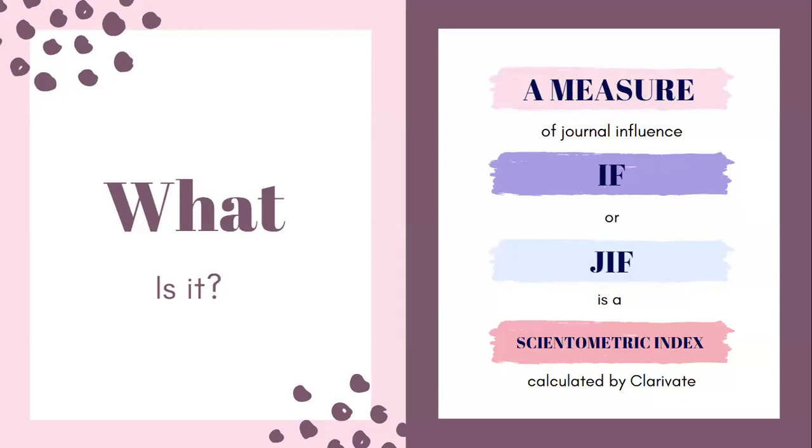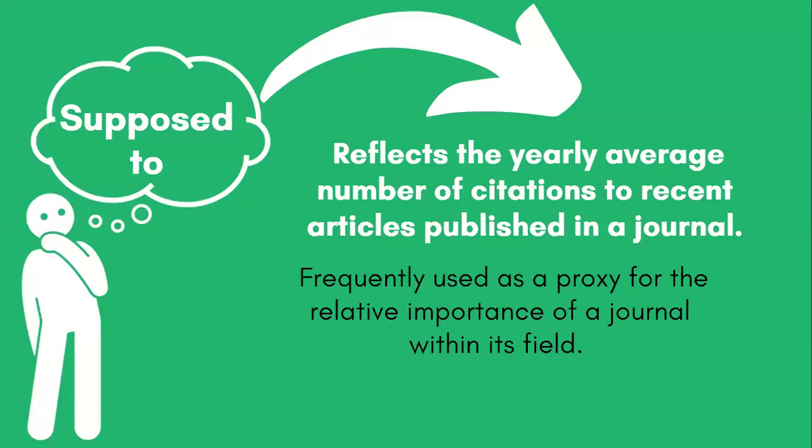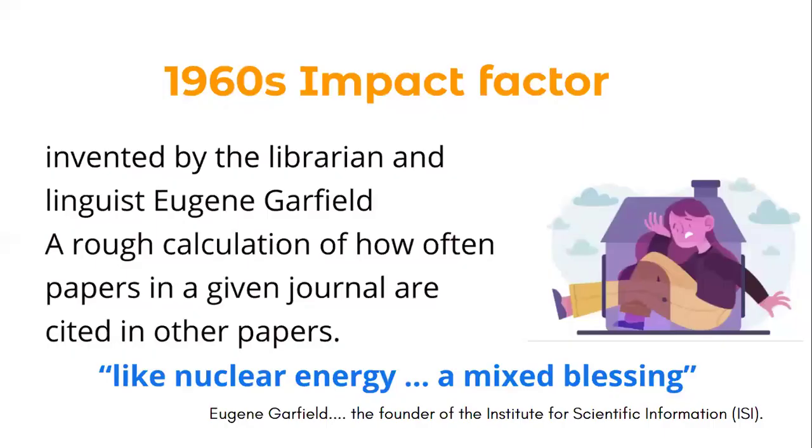It's a scientometric index, and it's calculated by Clarivate. And this is important, okay? It's supposed to reflect the yearly average number of citations to recent articles published in a journal. And people tend to use it as a proxy for the relative importance of a journal within its field. And this is problematic, actually.